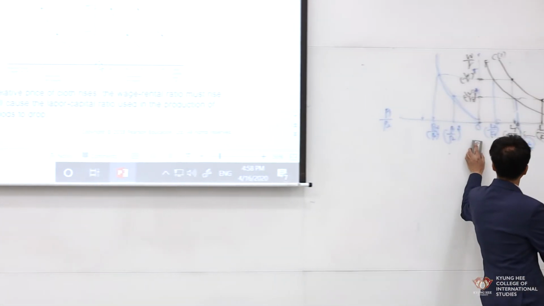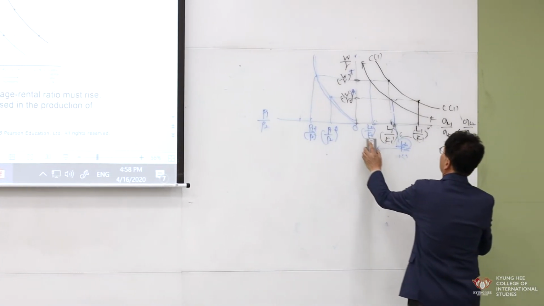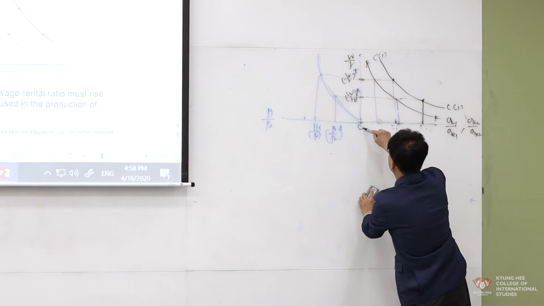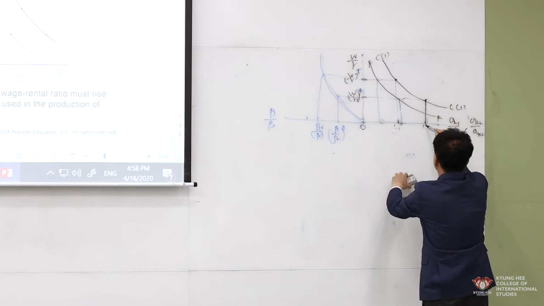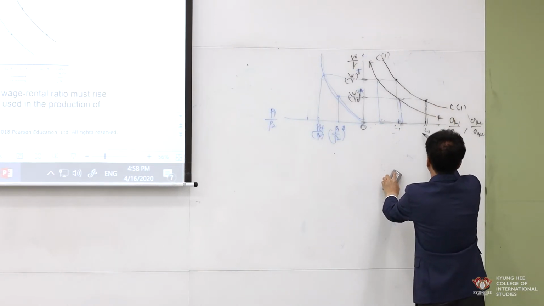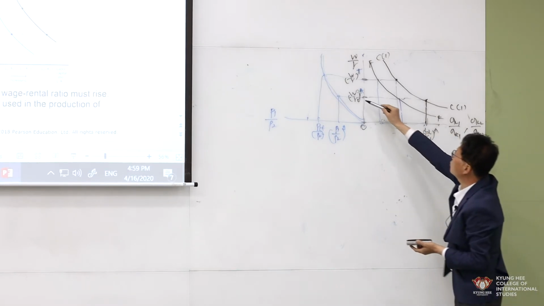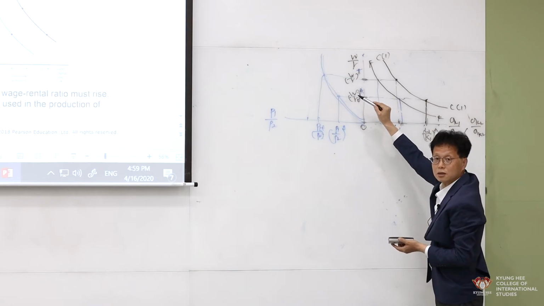In the autarky situation, I'd write this one. We already know that this is L1 over K1 at autarky, when the relative wage rate is at the autarky price.